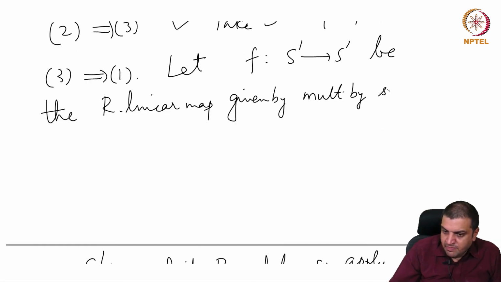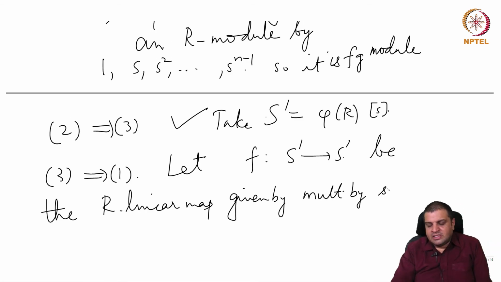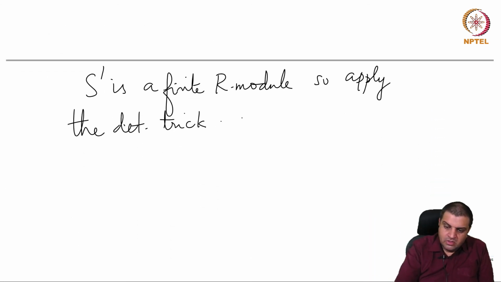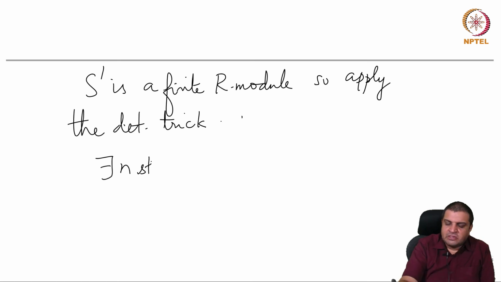We need f of this to be inside some ideal times this, and then there's some statement. But here we can take the ideal to be R itself. Okay. So what does the determinant trick give? There exists an n, where n depends on the number of generators for S prime.